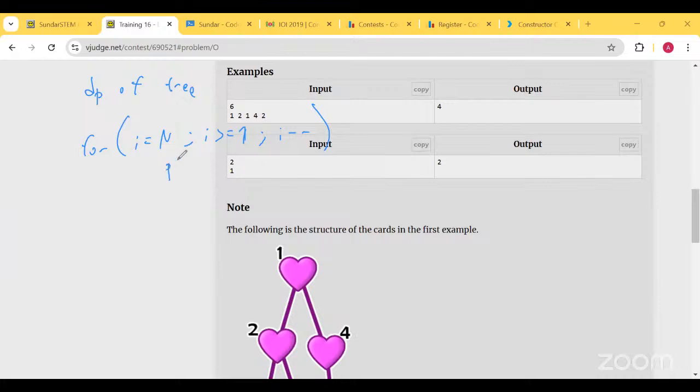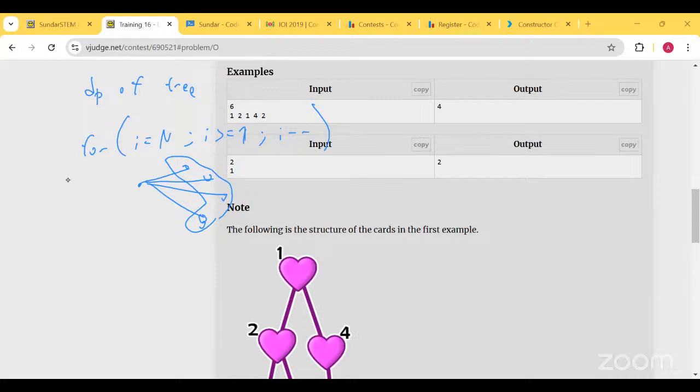Because p of i is always less than i, all of the children must have a greater value. So DP is already obtained for them, and we can gather the information.